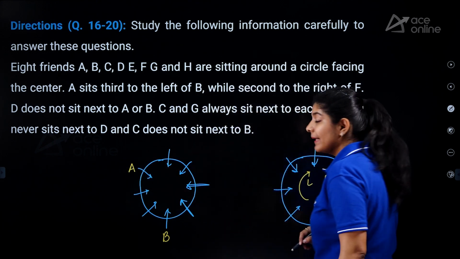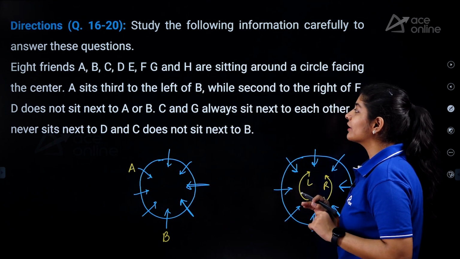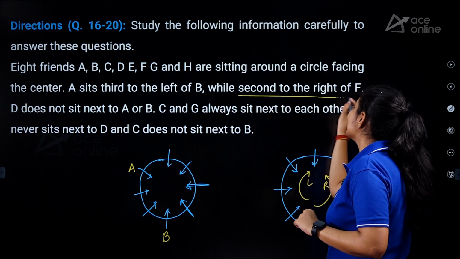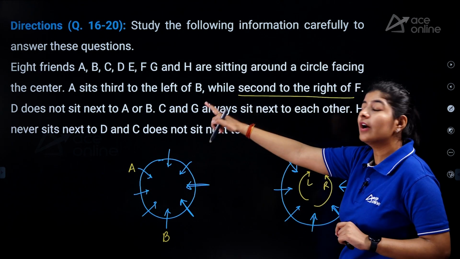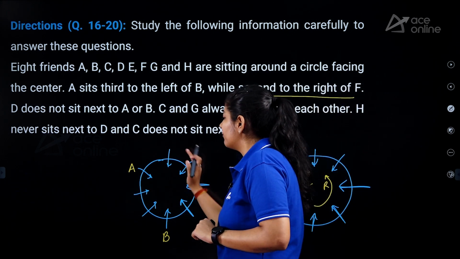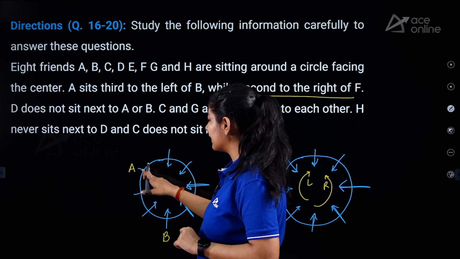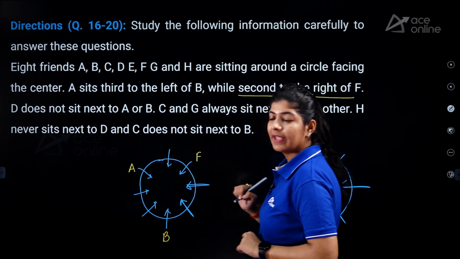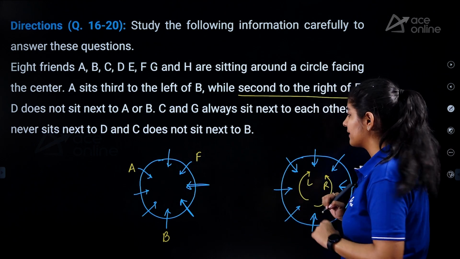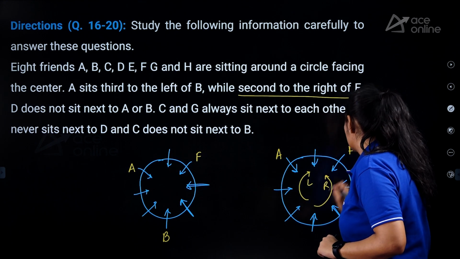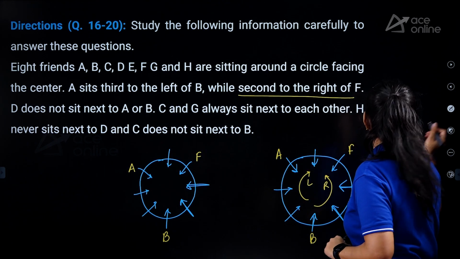But it is also given that A is second to the right of F. This line is given for A. A is second to the right of F, and we know that F moves in this direction. If this is the second right, then this is the first right and F should be at this place. So we will draw it over here also. Okay. Now the next clues.